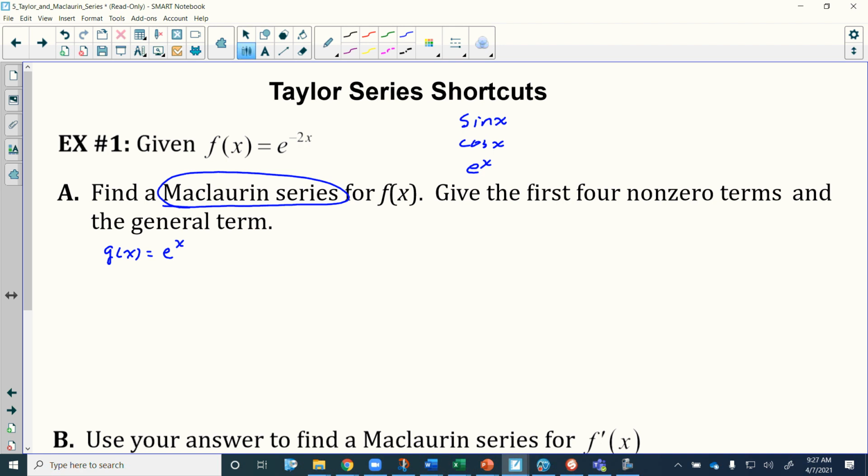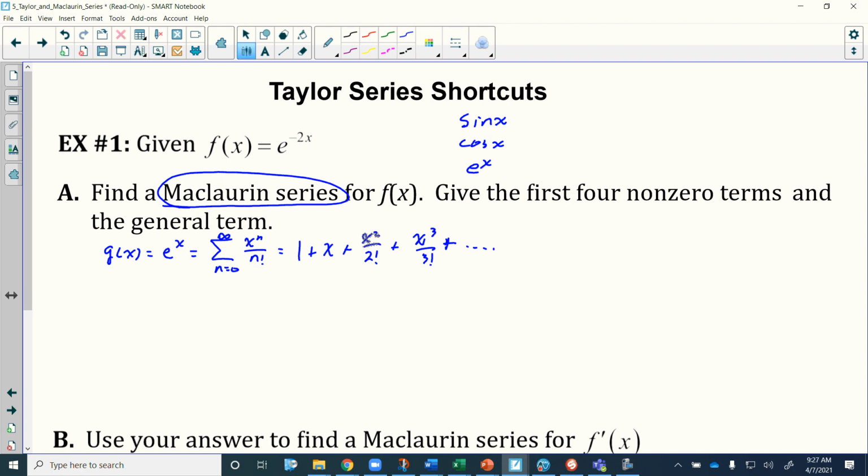That's the given one that we are expected to remember, which as a series from n equals 0 to infinity is x to the power of n over n factorial, which if we expand it out is 1 plus x plus x squared over 2 factorial plus x cubed over 3 factorial plus, and it keeps going.